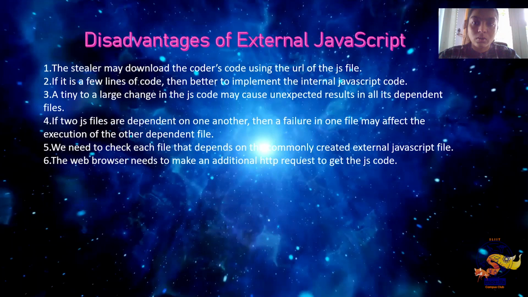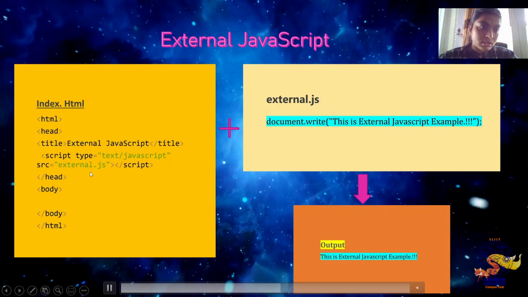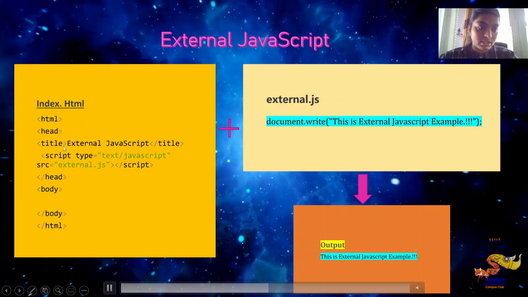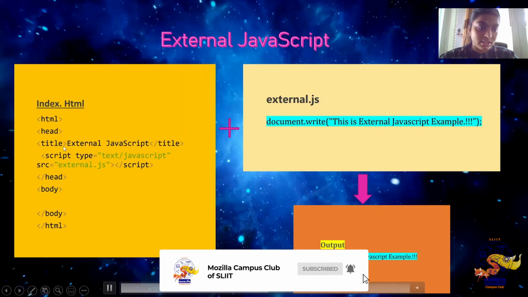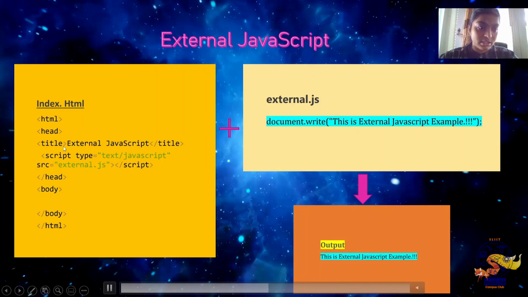The external JavaScript file is called in the head part of the index.html. And there we can see that within the script tags, the type is assigned as text/javascript, and the source is the external JavaScript. This external JavaScript is this file.